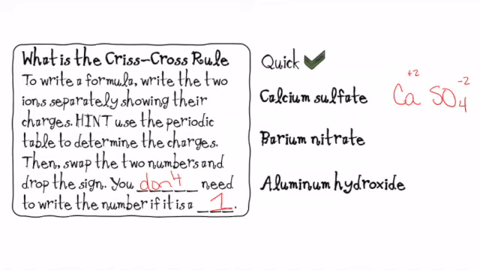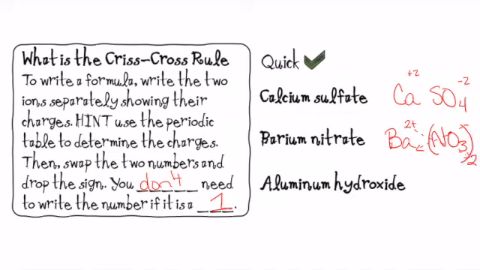Barium. The symbol is Ba, and nitrate is NO3. Barium has a 2+, and nitrate is only a 1. So we're going to crisscross them. Whenever we crisscross, if we have a polyatomic ion, we want to make sure to put it in parentheses.